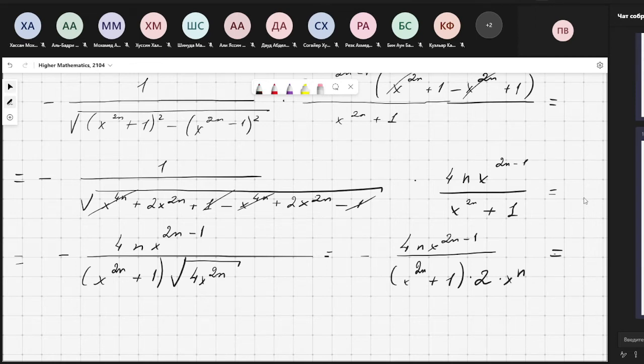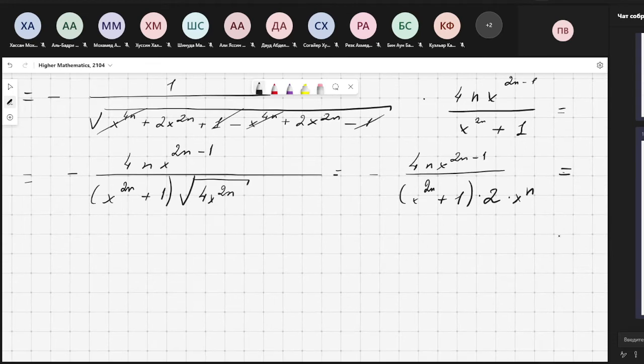Four over 2 is 2, and x to the power of n minus 1, and in the denominator 1 plus x to the power of 2n. It is the answer. Is it clear?